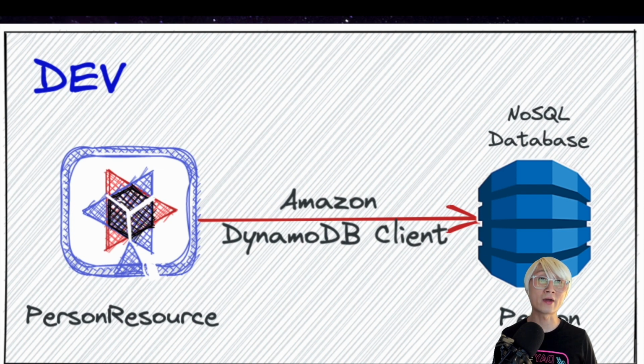The Amazon DynamoDB client extension allows my Quarkus application to connect to the NoSQL database, specifically DynamoDB. I'm going to create a simple resource and entity, like a person, to store a new data schema into DynamoDB.